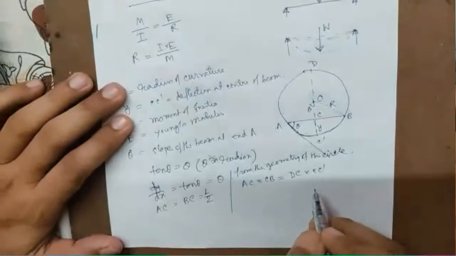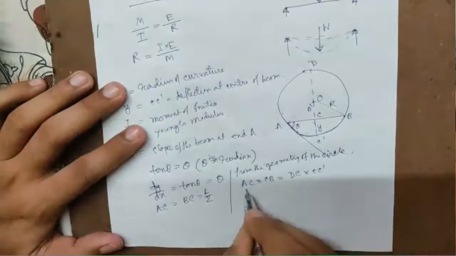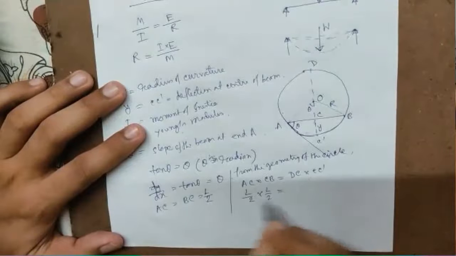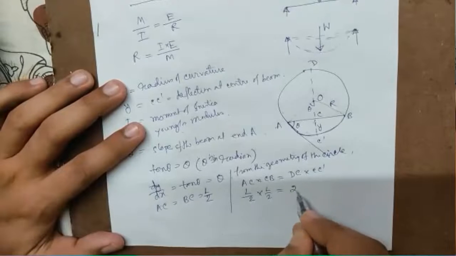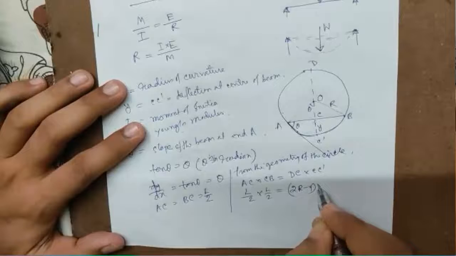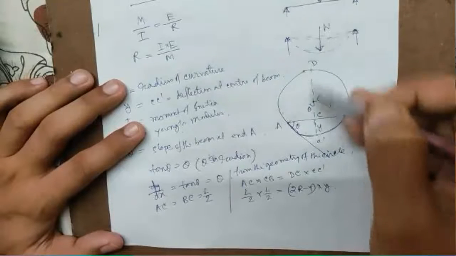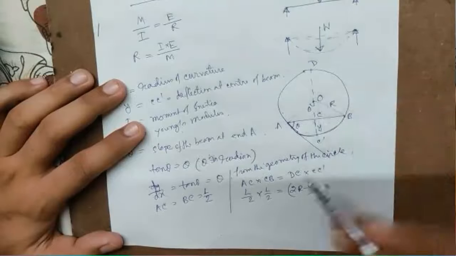We have learned probably in class 10 how this happens. L by 2 into L by 2, AC into CB, is equal to 2R minus Y into Y. From this figure, this is DC dash, 2R minus Y. So it will be DC.